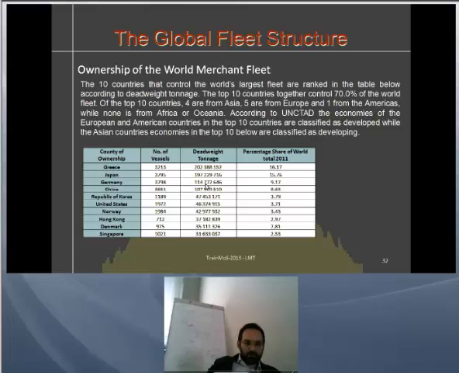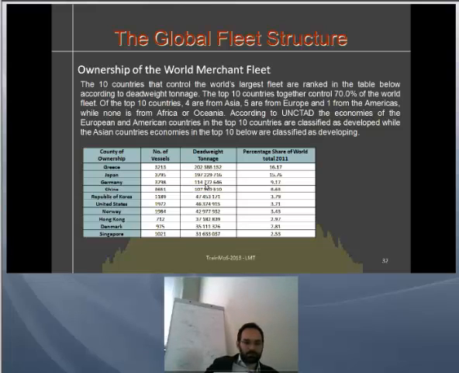And then we can see that we have Japan, Germany, and China is moving upwards, and it is expected that by 2030, China will be heading near Japan and Greece in terms of deadweight tonnage.